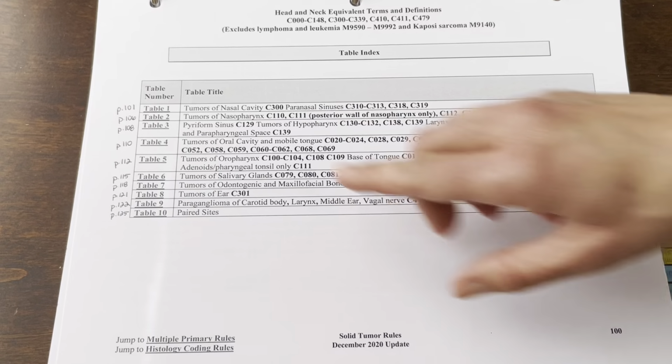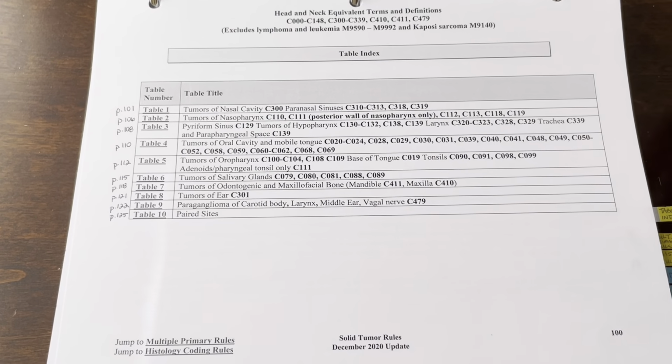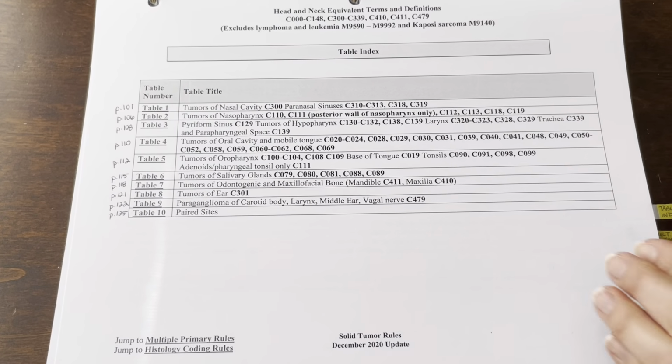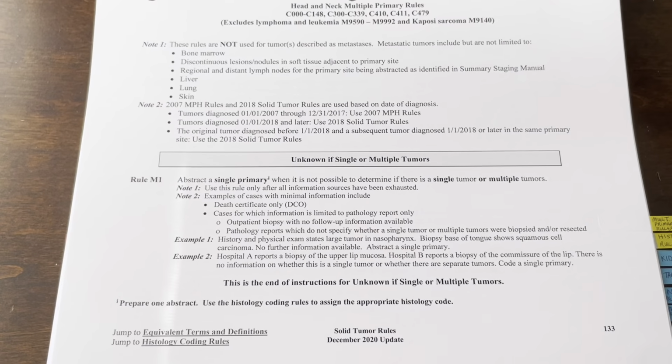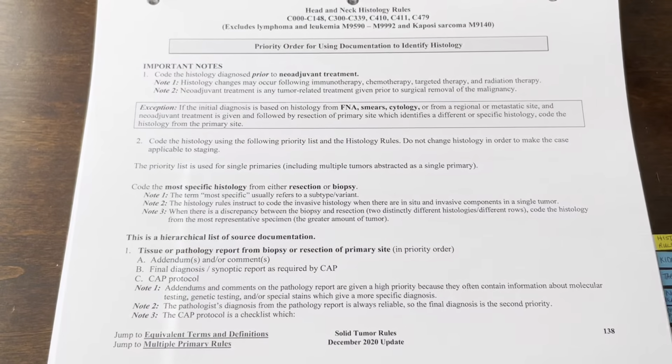And then you can go through and label each table, and that's how I kind of referenced each of these specific sites. And then after that, of course, you have your multiple primary rules and then your histology rules.